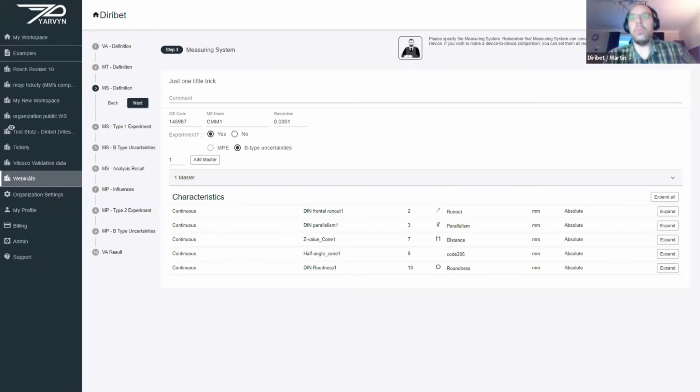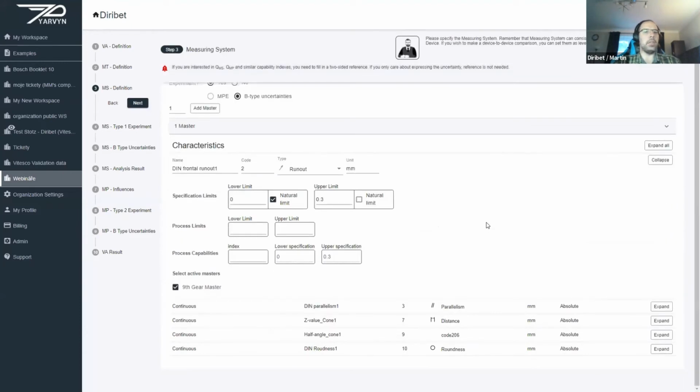Yeah. Good morning. So, for the demonstration of how it works in Yarvin, I have prepared this simple case, a simple validation act, where we have 5 characteristics. And we have all the properties that are needed for MSA or Validation Act evaluation.